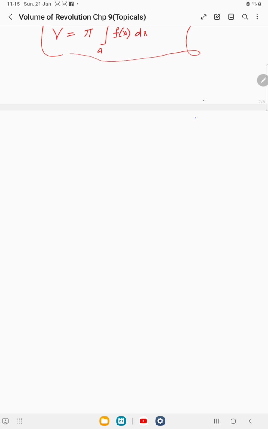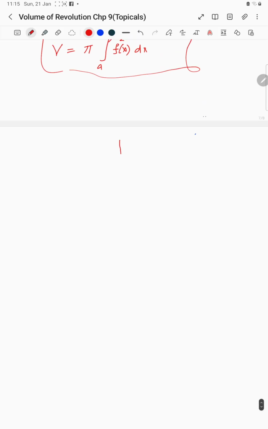Now suppose we have the x-axis, y-axis. We can make a line through 0, y equal to x, and now we want to rotate this line.